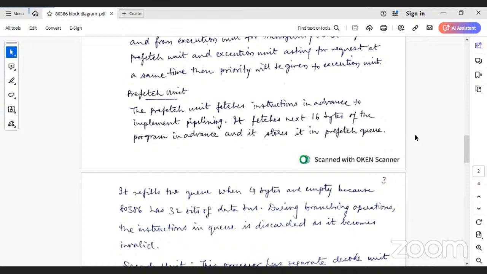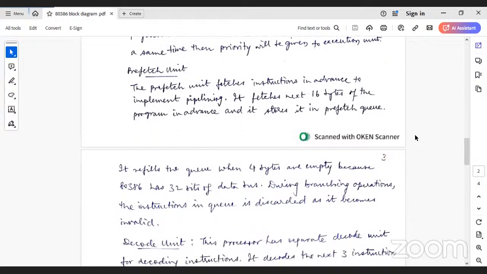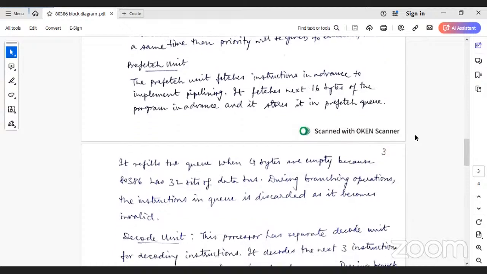So in such a situation, all the instructions which were saved in your prefetch queue will be of no use. So they are discarded. This happens not only in the prefetcher, but also in the decoder. That point you can see here.